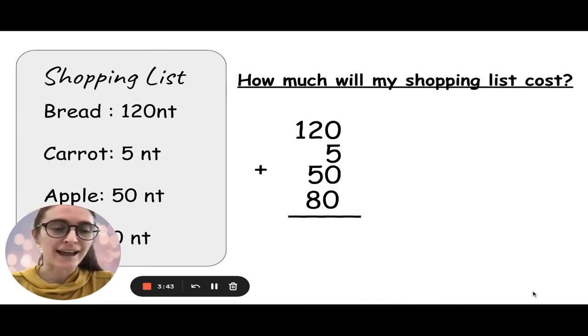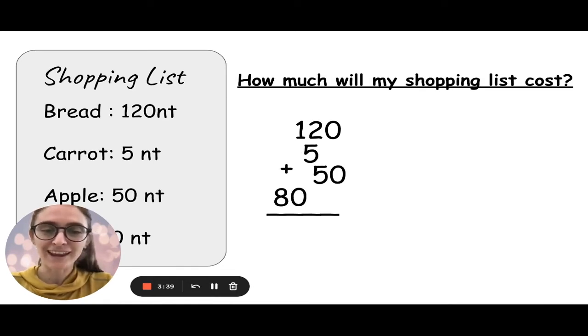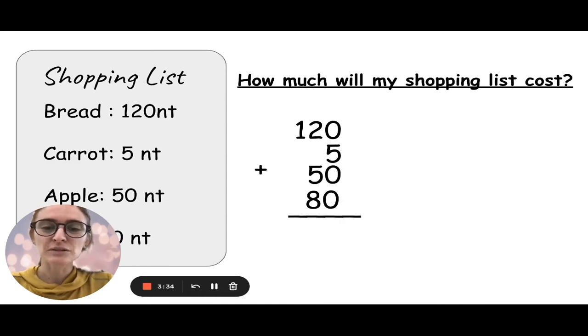Make sure when you are adding many things together that you are lining them up nicely. So if I add like this, it's going to get confused. We need to line it up with the ones and the tens all in line together so that we can do it right. So here I have 0, 5, 0, 0. So the ones are 5, and then I go to tens. I have 2, plus 5 is 7, plus 8 is 15. 7 plus 8, 15.